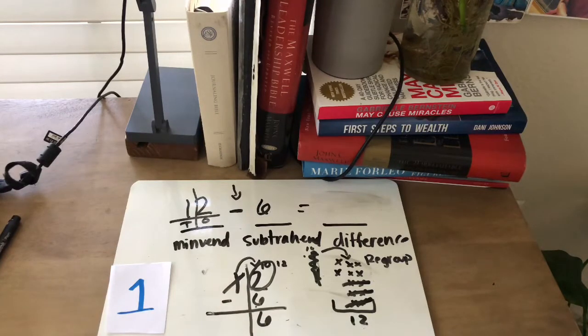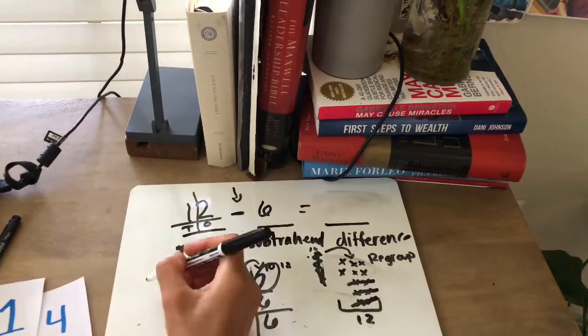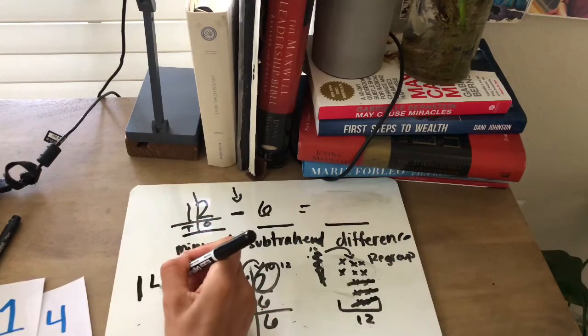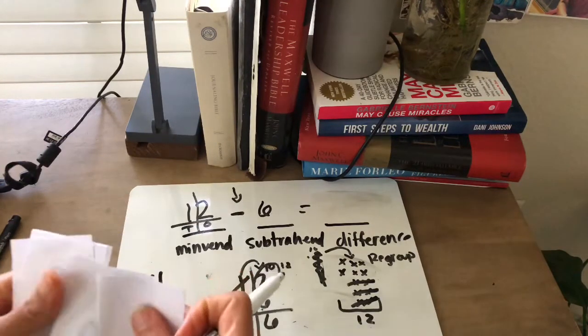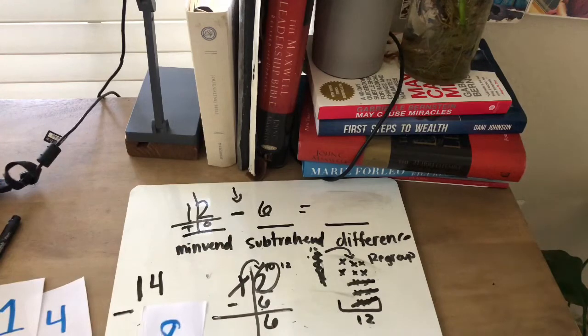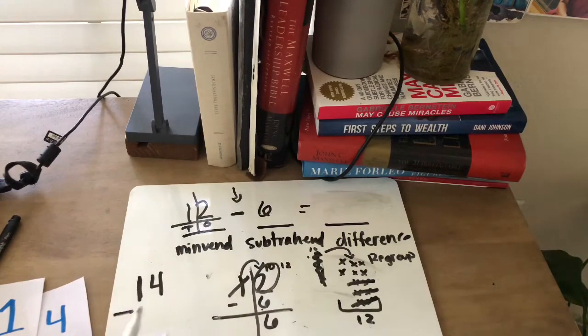Your minuend is going to be 14. So your homework is to take 14 and subtract, let's see what your number is going to be, 8. So your subtrahend is 8. 14 minus 8 equals.